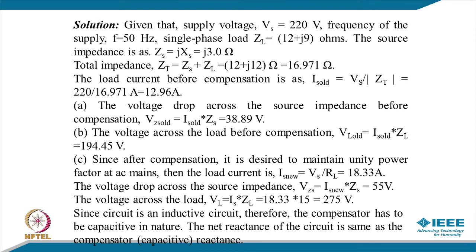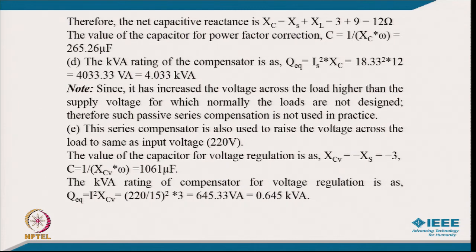Now, we put a series compensator, that is the reason the voltage has gone more than 220; that has become 275. Since the circuit is an inductive circuit, the compensator has to be capacitive in nature, and the net reactance of the circuit is the same as the compensator's capacitive reactance. Therefore, the net capacitive reactance is Xc equal to Xs plus XL, that is 3 plus 9 ohm equal to 12 ohm, and the value of the capacitor for power factor correction is C equal to 1 upon Xc into omega.